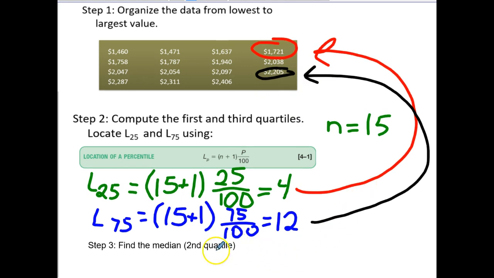Next, we are going to find the median. Remember, the median is the middle. That's at the 50%. If you want to, you can write out L50 and calculate it that way. But since we have 15 pieces of data, and that's an odd number, we will have a median in our data. And we can go through and we can cross off until we find our middle number.